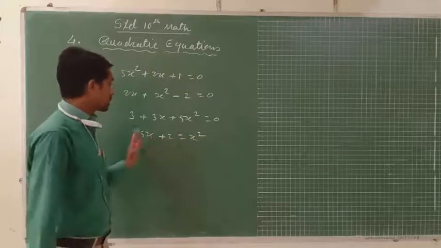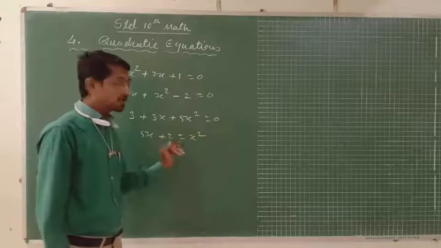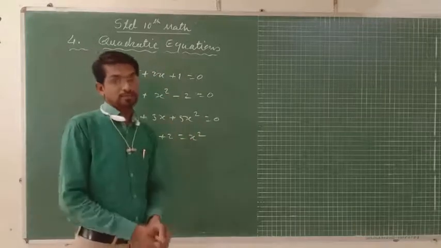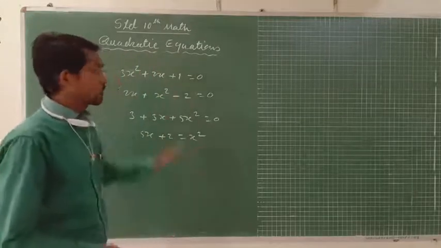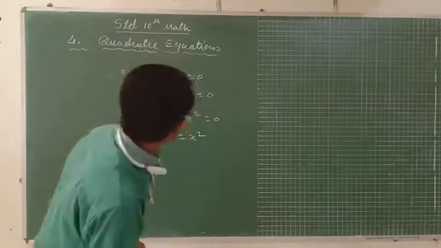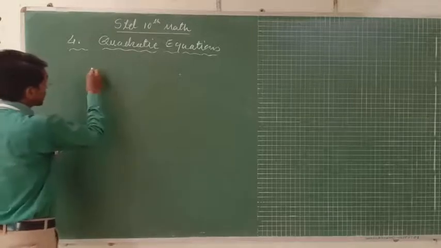Again we see the highest power, the degree of this equation, is 2. So these are all various ways of writing quadratic equations. But there is one standard form, which we refer to as the standard form of a quadratic equation.